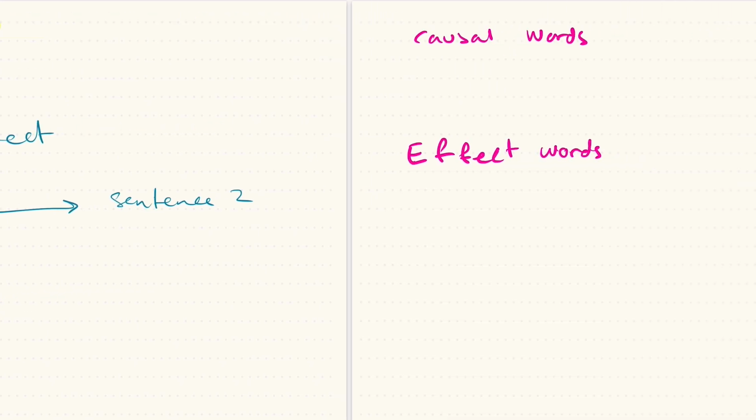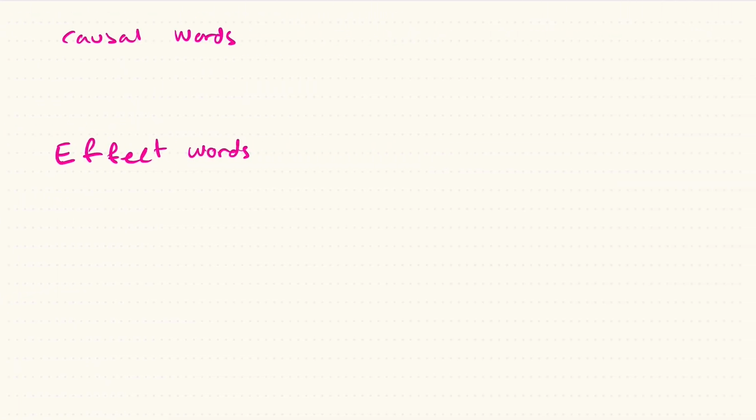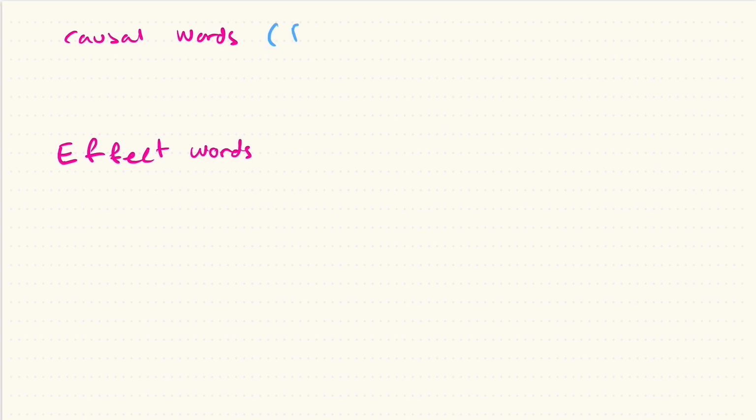So what are the different structures, or different forms, that we can use for these cause and effect transition words? One is the causal words, or the reasons, essentially. So let me put in parentheses the reasons.